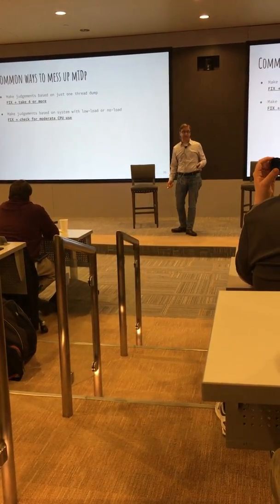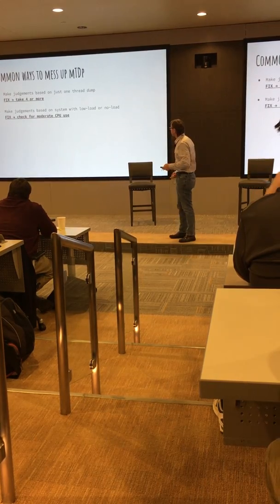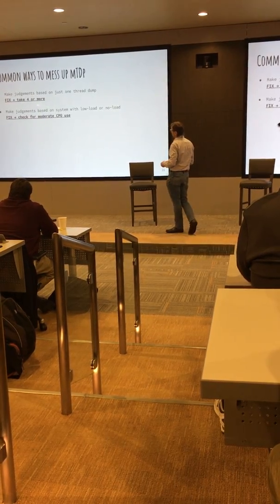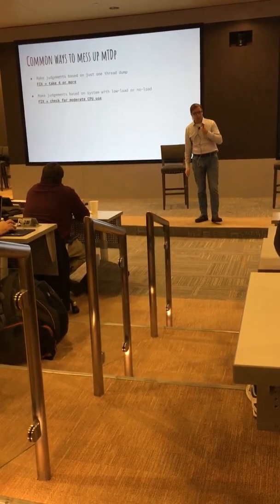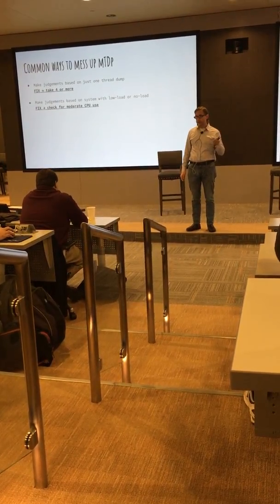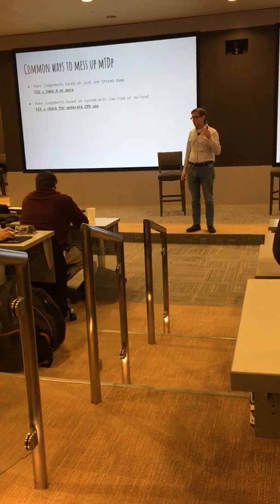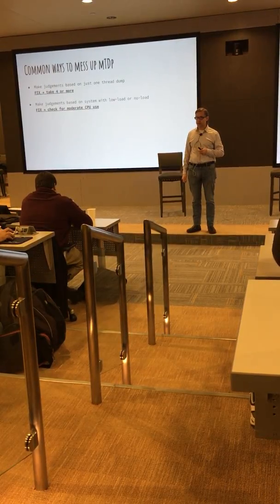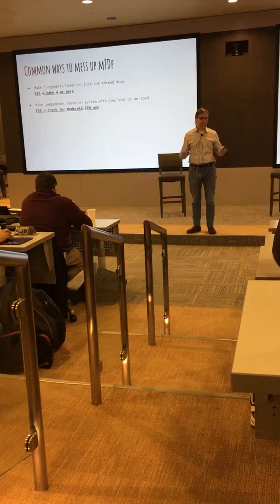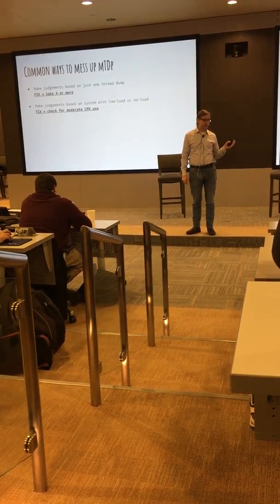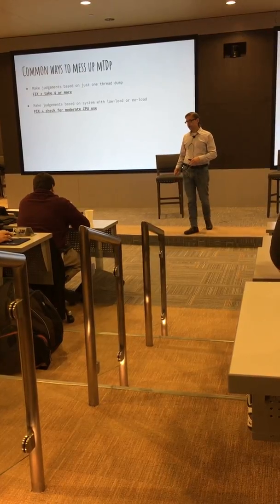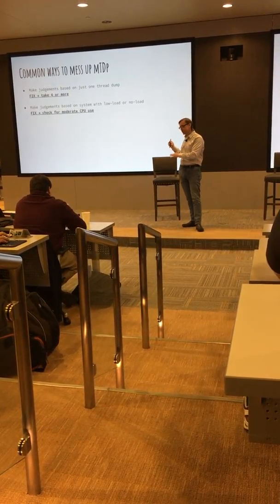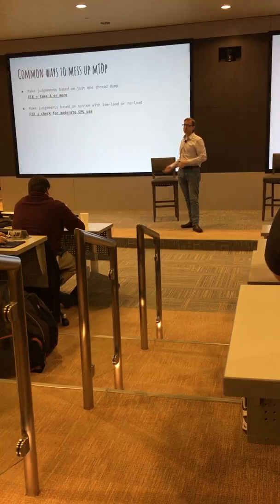Common ways to mess up in this technique. You make a judgment based on just one thread dump. Okay? So generally, thread dumps show you just the things that are slow. It's crazy that so many samples can provide such a realistic picture of what's going on. I have those mathematical explanations that I showed earlier that show why this is possible.